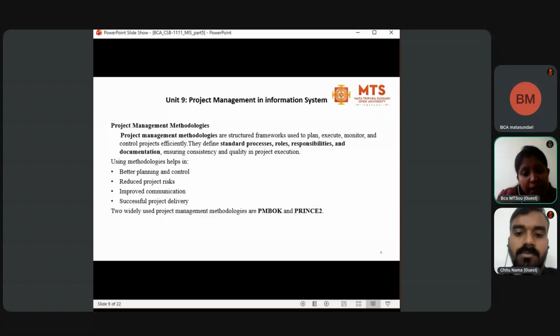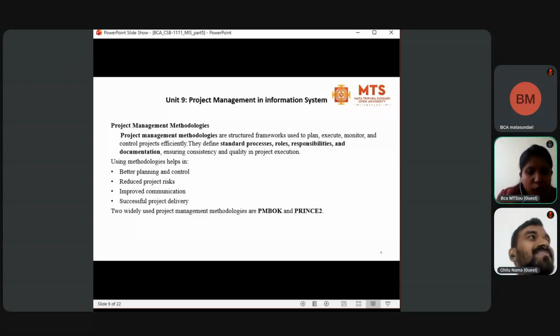They define standard processes, roles, responsibilities, and documentation for ensuring consistency and quality in project execution. Using a project management methodology helps in better planning and control, reduced project risk, improved communication, and successful project delivery.